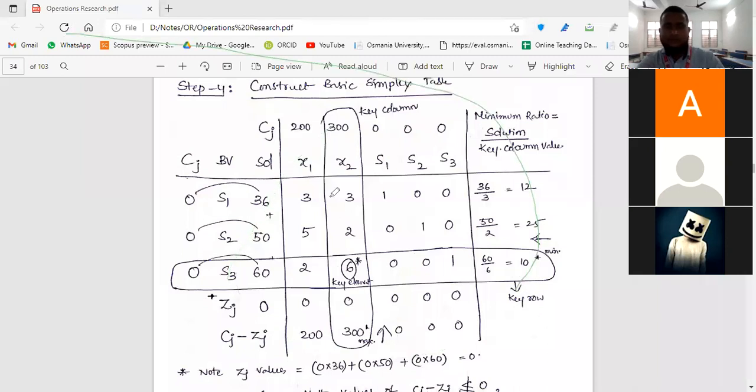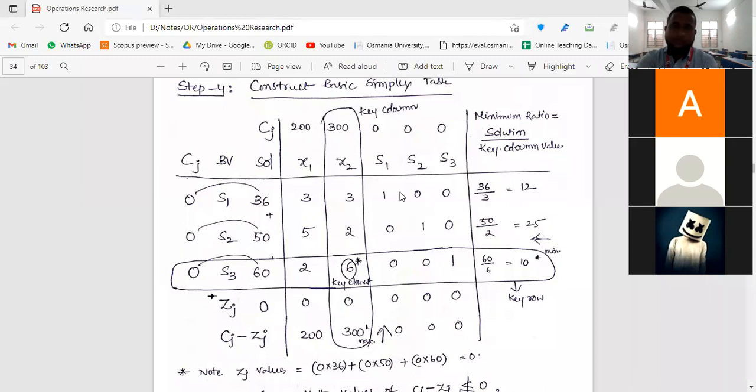When you rotate it clockwise, S3 goes out and X2 comes in. So X2 enters the basis and S3 leaves the basis. Got it? In the next basic simplex table which you are constructing, X2 will be there and S3 will not.